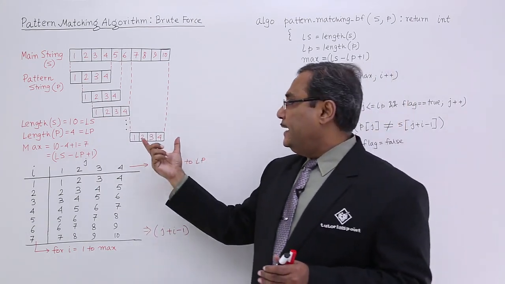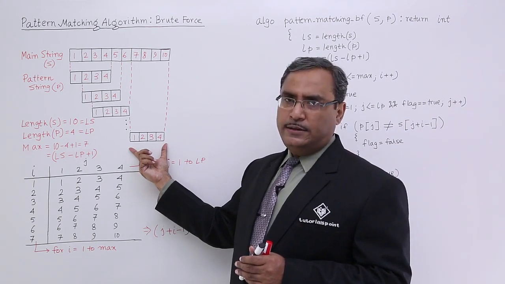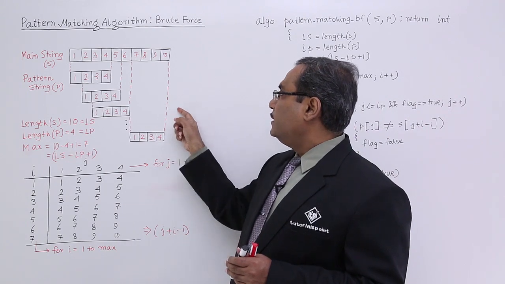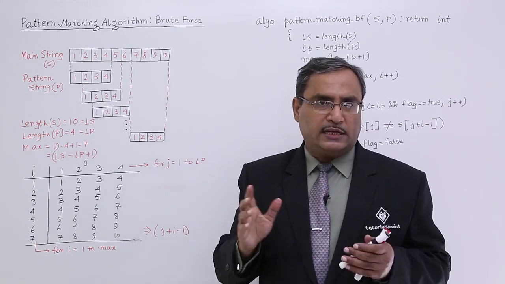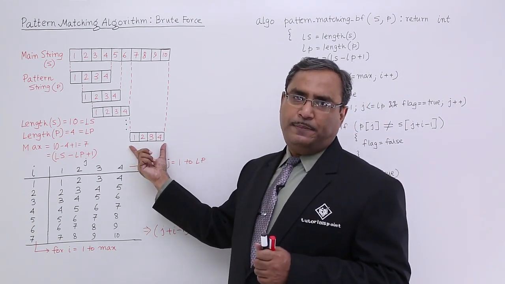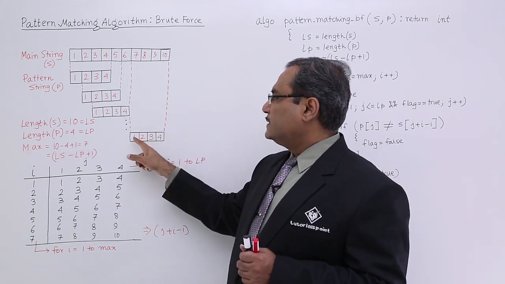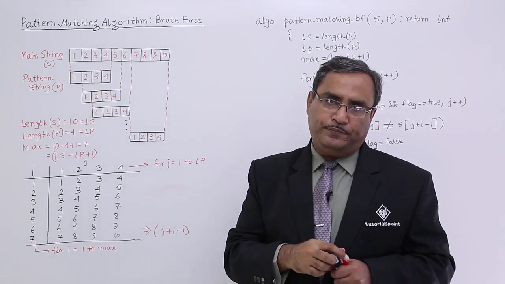And obviously at the end, this is the last position where I can place my pattern, because if I shift another position, then the 4th character of the pattern will get compared with the void, so there is no chance of a successful pattern search. So that is the last place where I can place my pattern, so that the 4th character will be compared with the 10th character and the 1st character will be compared to the 7th character of the main string.